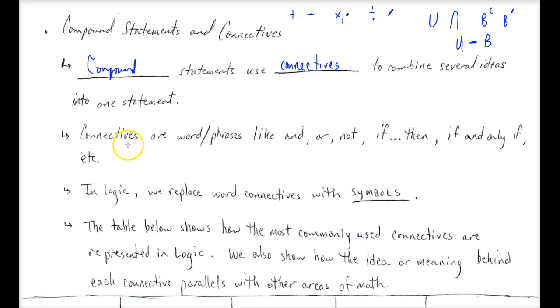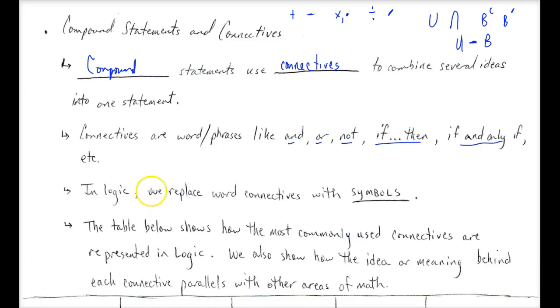So the connectives here are words or phrases like and, or, not, if something, then something else comes as a result, or if we state one thing, let's say something happens if and only if something else happens. So these are the 5 main words or phrases that we have to create a logic operation for, which we're calling a connective.